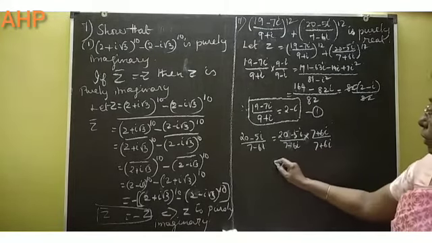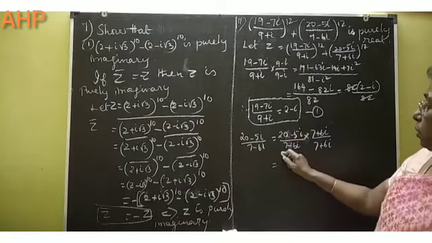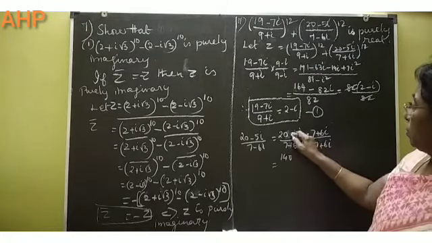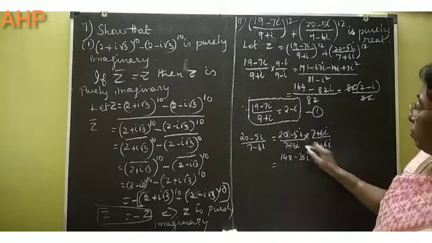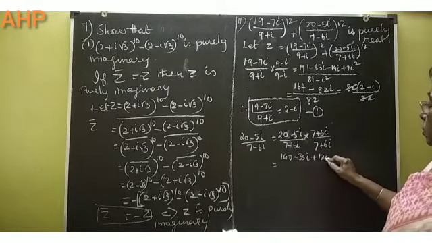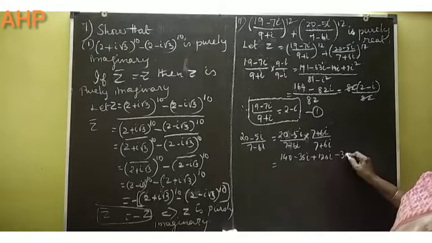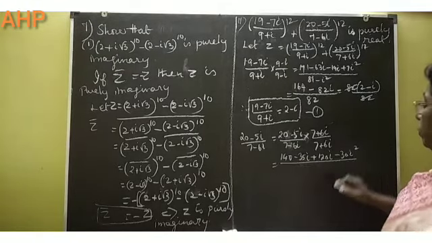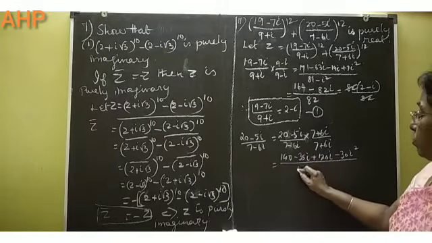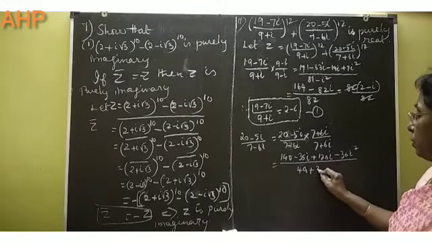Multiplying the numerator we get 7 into 20 gives you 140, 7 into minus 5i is minus 35i, then plus 120i minus 30i square, divided by 7 square 49 plus 36.